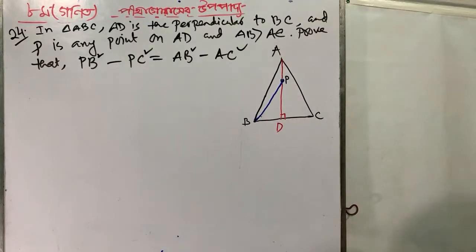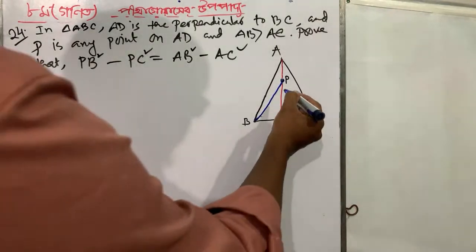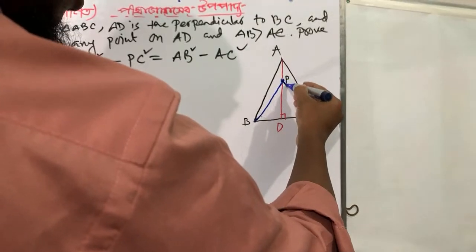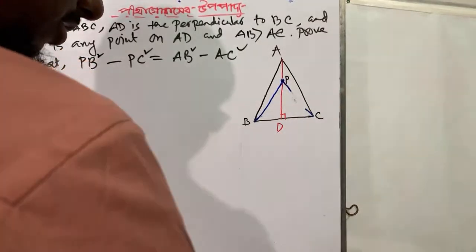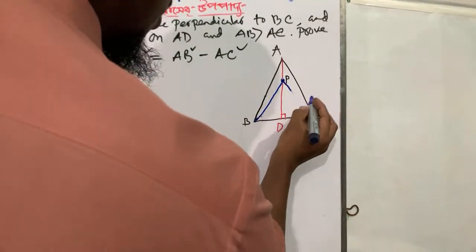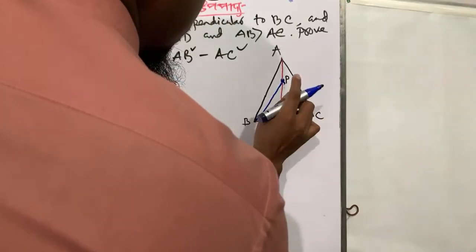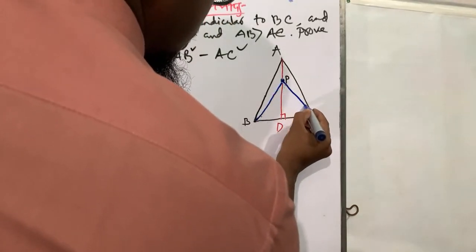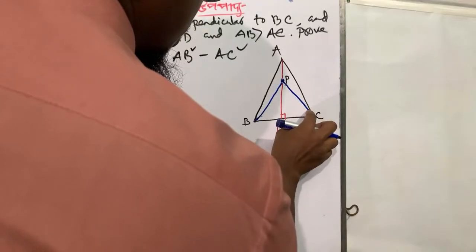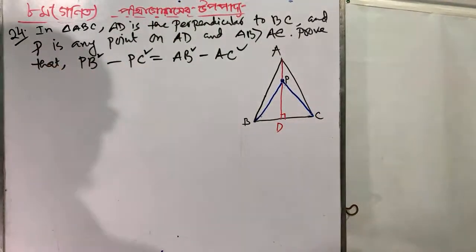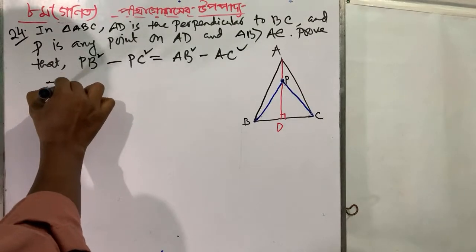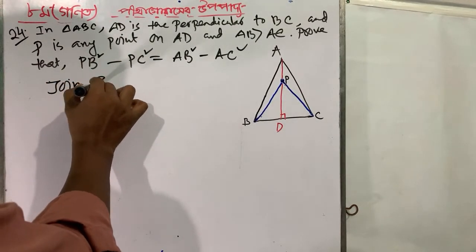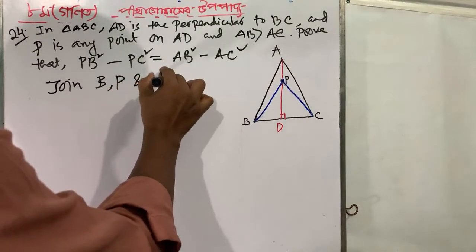And then PC stands for personal computer, right? Okay, so you have to definitely mention that join B comma P and B comma C.